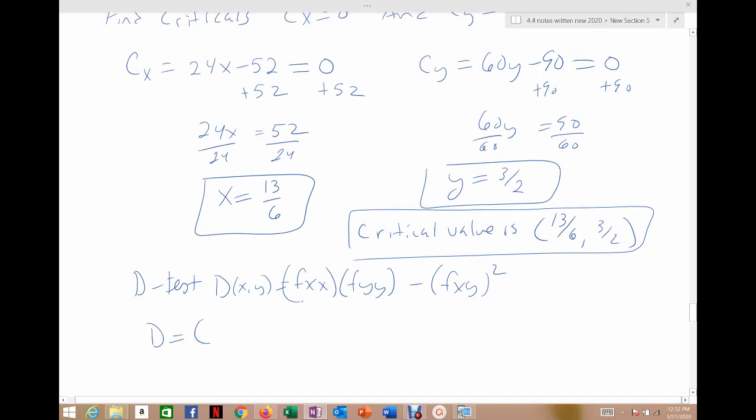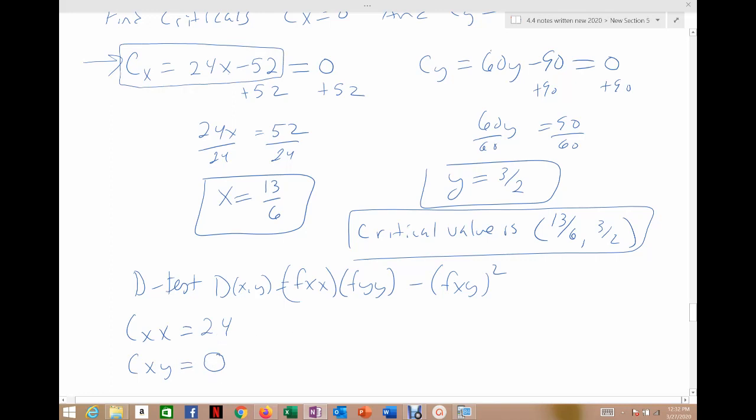Maybe I'll write them down. The second derivative with respect to x: taking the derivative of this function again with respect to x, that's 24. Then taking the derivative of that with respect to y, there's no y value, so the second derivative with respect to y is 0.